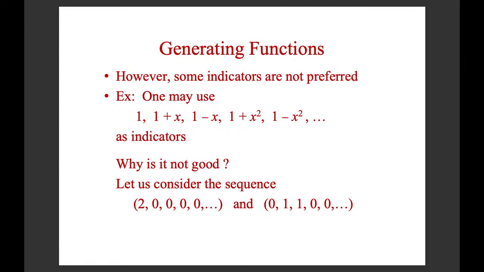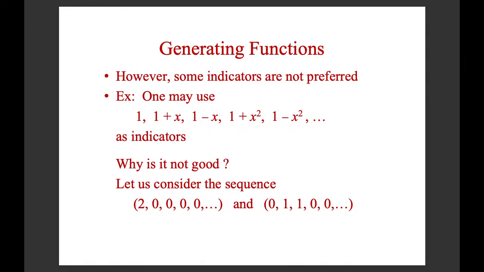On the other hand, some indicators are not preferred. Maybe we can use indicators of the form like 1 plus x, 1 minus x, and so on. But then it is not good, because we may have two different sequences whose polynomials will be the same. So in that case, it is not good.